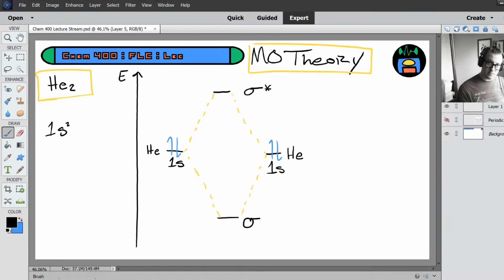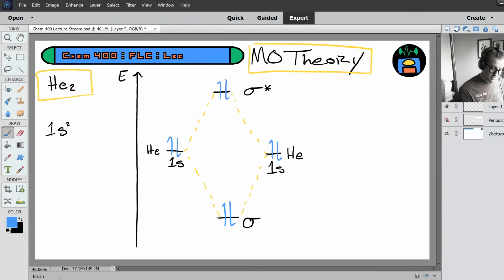But there's a problem. Each orbital can hold a maximum of two electrons, so the sigma bonding orbital can only take two of the four electrons we need to house, and the only orbital left to house electrons is our sigma star antibonding orbital.